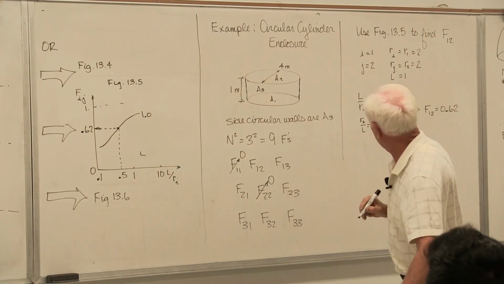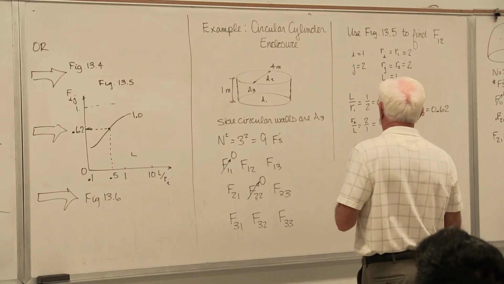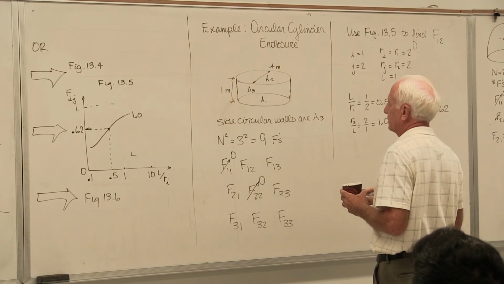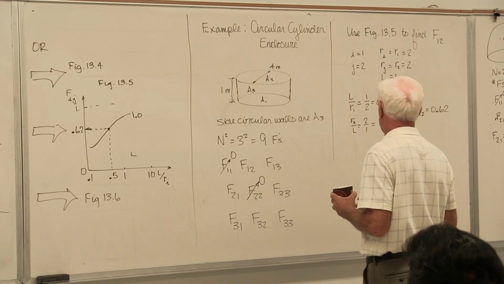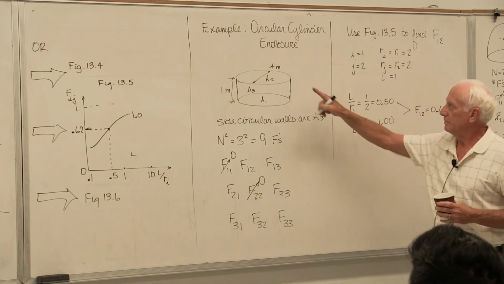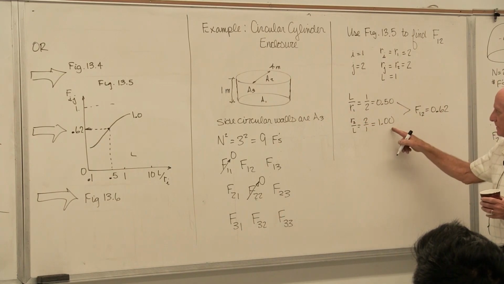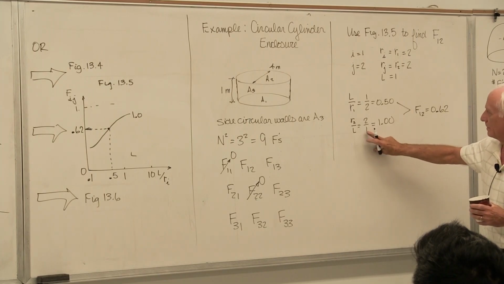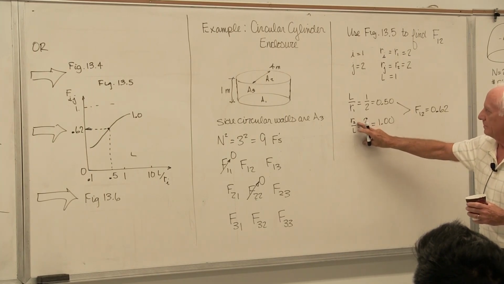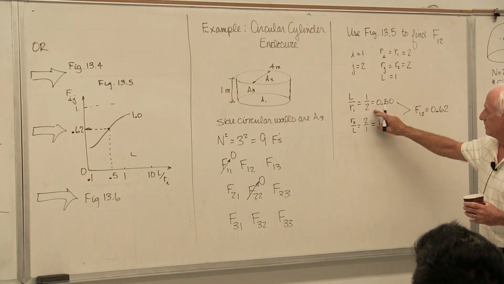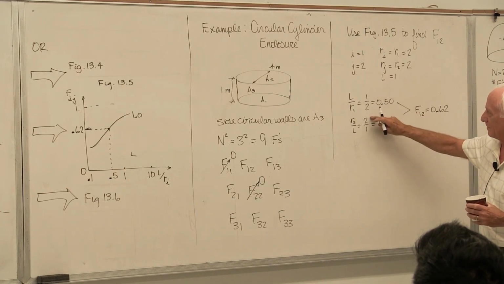Oh, did I? Oh, R2, what is R2? 2, and what's L1? Yeah, R2, diameter's 4, radius is 2. Did I miss? Oh, no. R2. L is 1, L is 1, R1, R2.